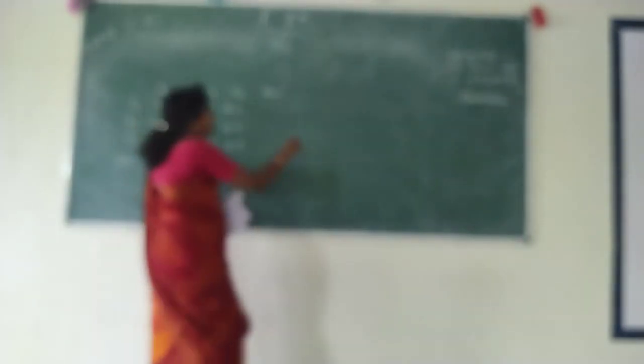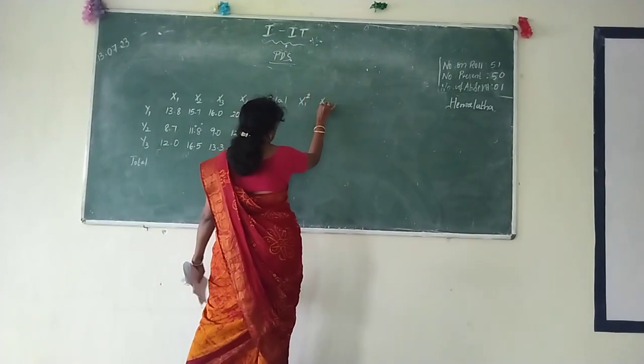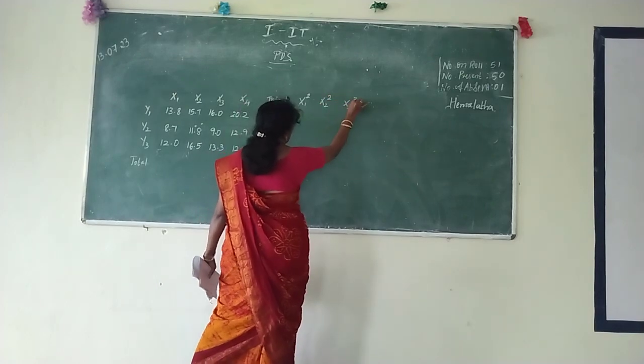Column data are x variable or y variable? X. Column data are x variables, row data are y variables. So this will be x1, x2, x3, x4, and this will be y1, y2, y3. Here we will be finding the total. Include a column for the total row wise, because we need summation of y1, y2, y3, etc. Then include the columns for x1 square, x2 square, x3 square.